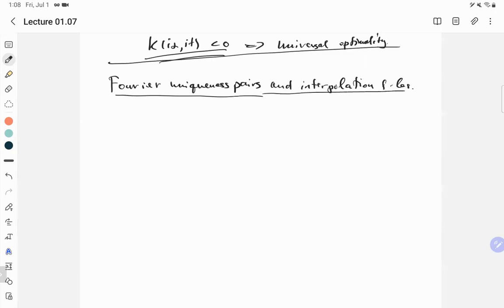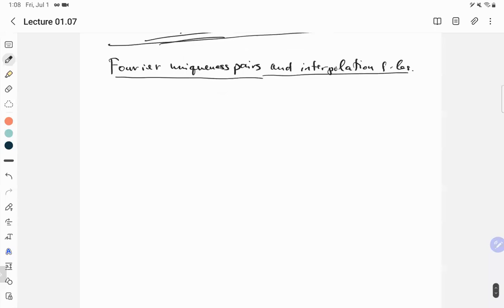So let me just formulate something which looks similar to what we were proving previously, but a much more general formulation. We have a collection of two sequences of numbers going to infinity, lambda n's and mu n's going off to infinity.